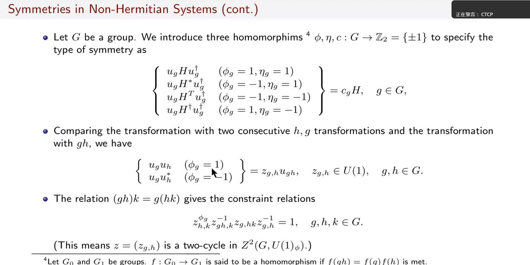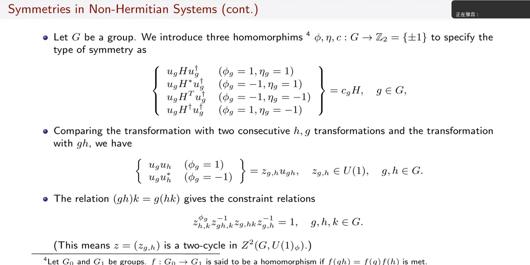If both phi and eta are negative, then the symmetry is a type of transpose. Also I have homomorphism C, a sign that appears on the right hand side of the symmetry constraint. By the way, a homomorphism is just a function that respects the group structure.